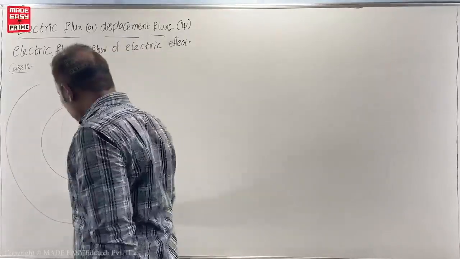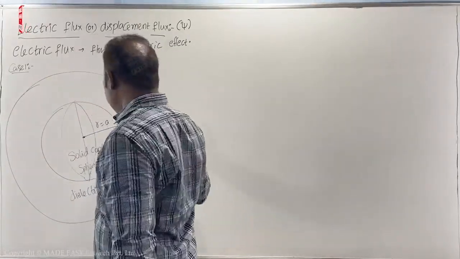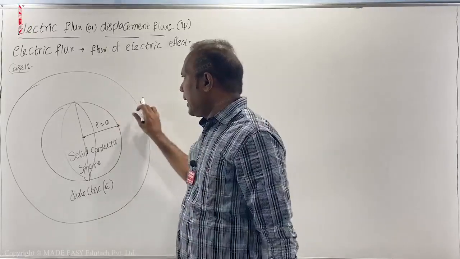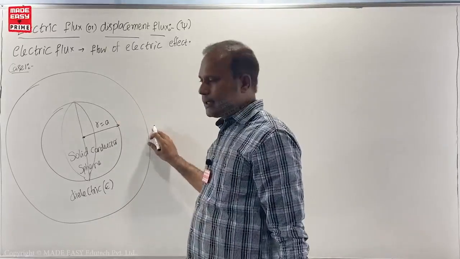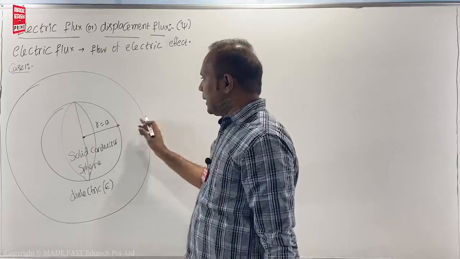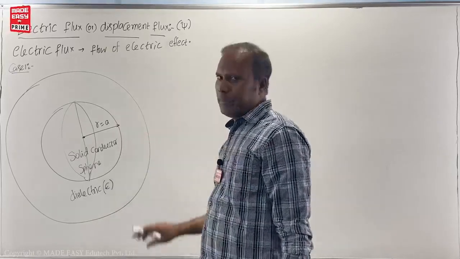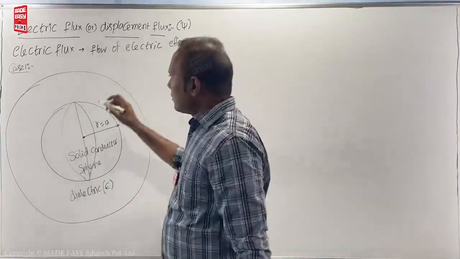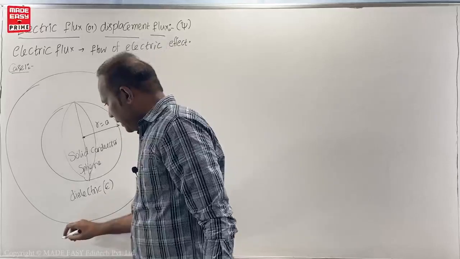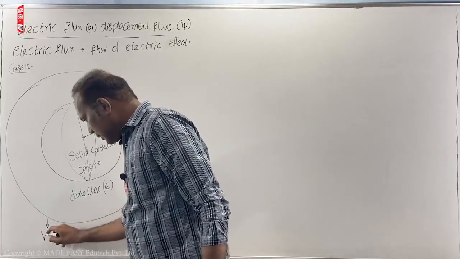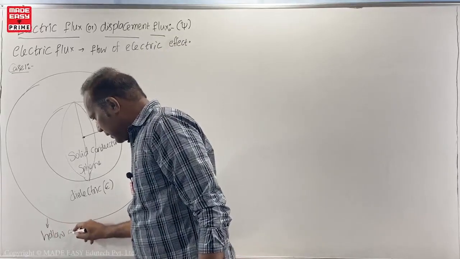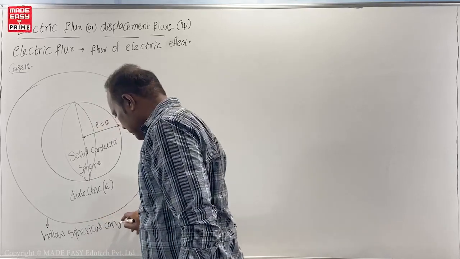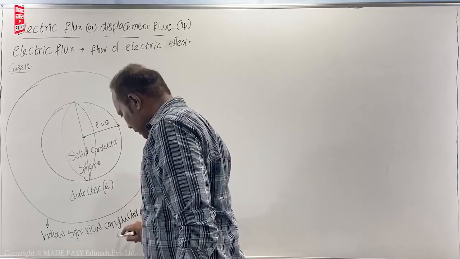Now here one more conductor surface I will take. It is hollow. Hollow means inside empty, like a football surface. Football means inside also empty, outside also empty, but the surface is a conductor surface. So this one I am writing here: this is a hollow spherical conductor surface.